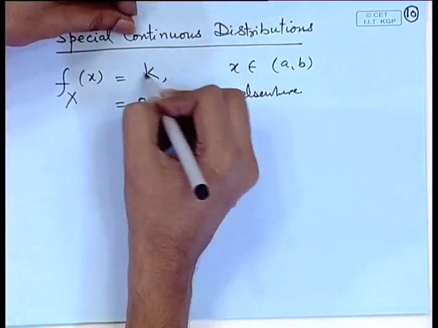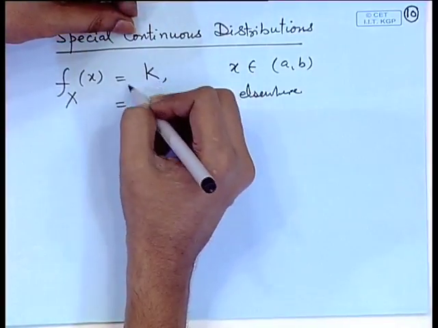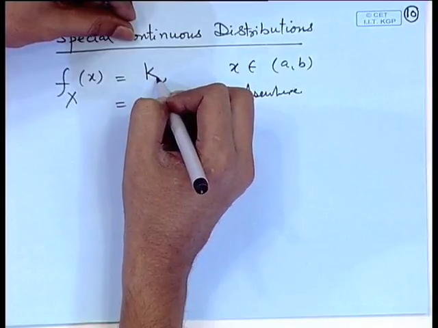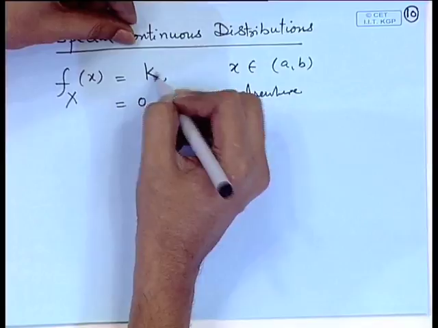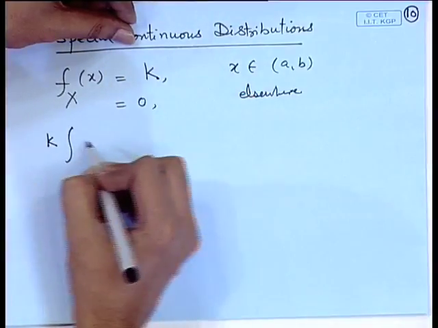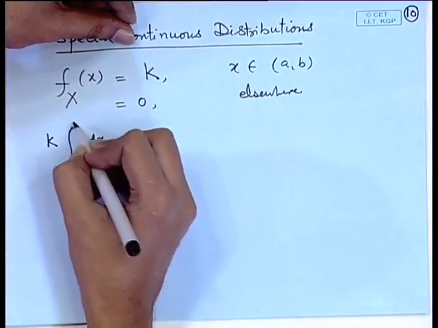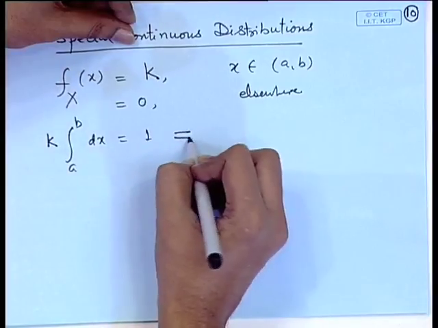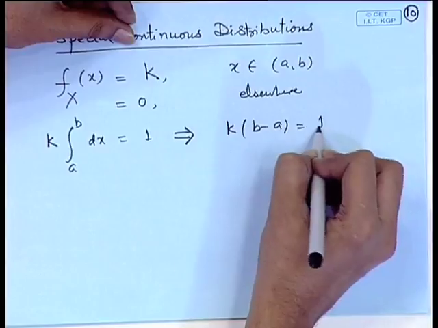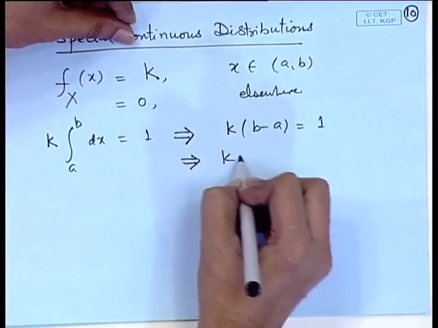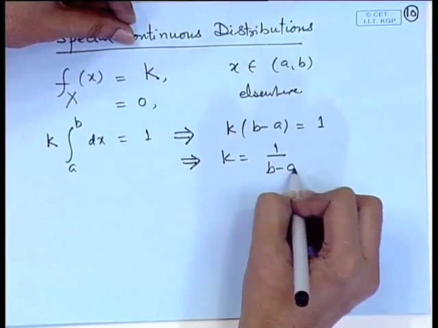we call it the uniform distribution. Now, what should be the value of the constant? That can be determined by the condition that the density must be non-negative and the integral of the density must give you 1. So, k must be non-negative and the integral of k from a to b must be 1. This means k into b minus a is equal to 1. That means k is equal to 1 by b minus a.